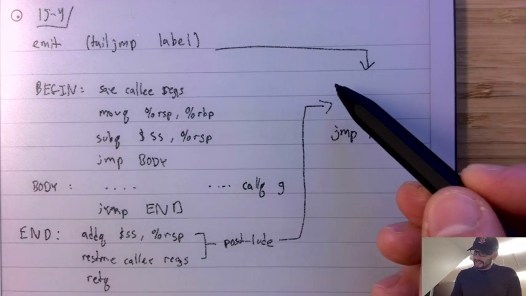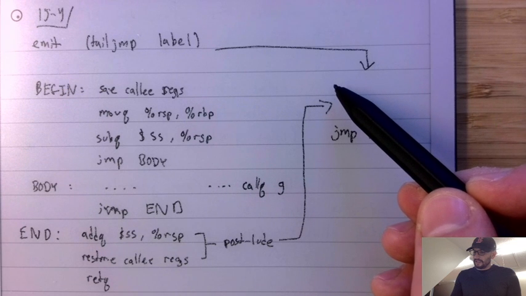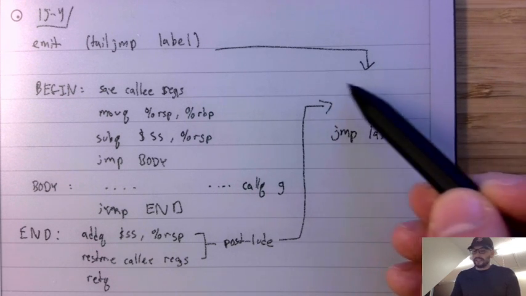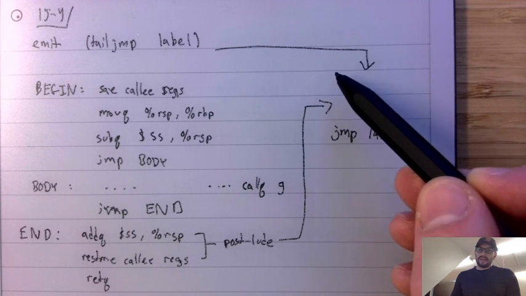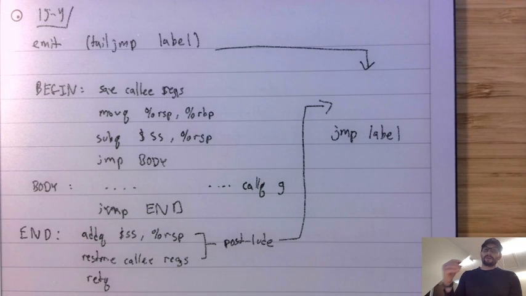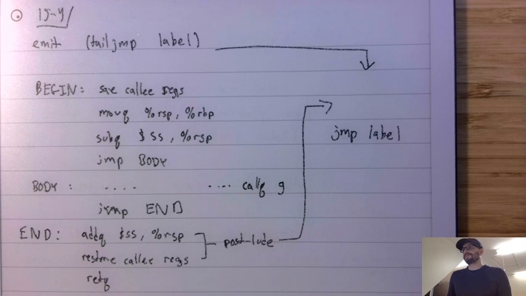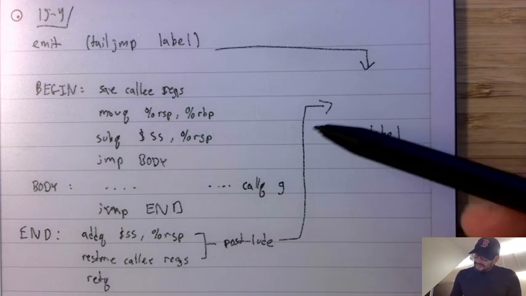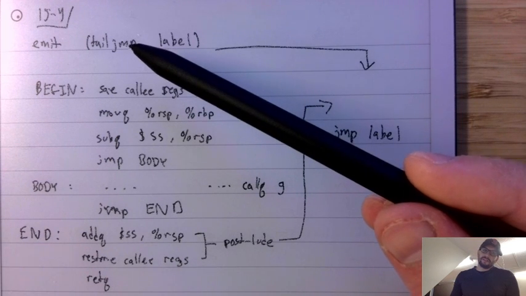What we're going to do before this is move all the arguments into the appropriate registers, and at that point they're now in the argument registers, and those argument registers are caller saved registers, meaning that this code isn't going to affect them.